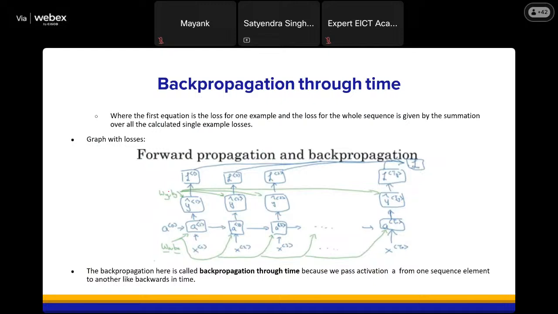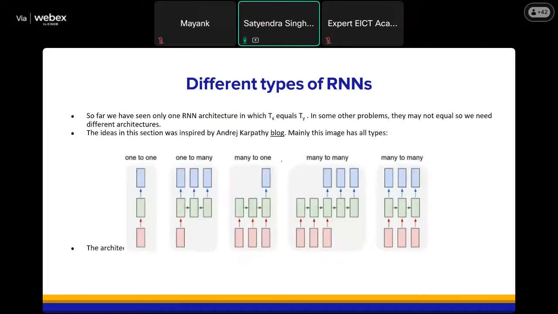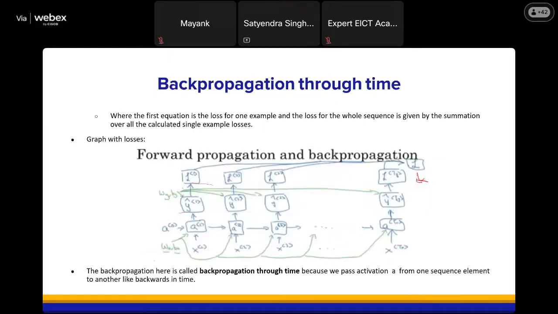So in the forward propagation, you calculate the output and the loss value, and towards the end you calculate the total loss, and we update the weights from the last layer to the first layer in the sequence, similarly to how you update the weights in a basic neural network from the last layer to the first layer, going through all the hidden layers.